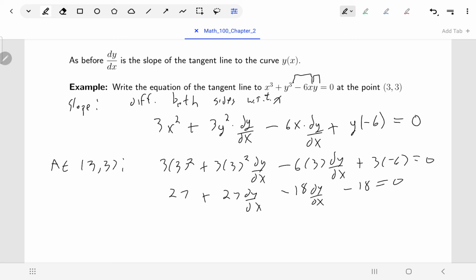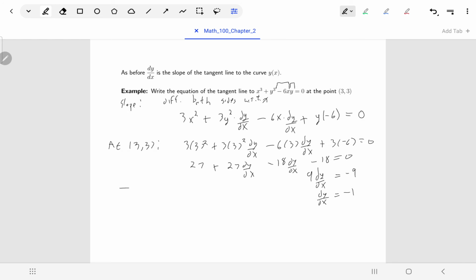After a little bit of cleaning up, I will have 9 dy dx, and if I move the 27 and the minus 18 to the other side, it gives me minus 9. So it looks like my slope is negative 1.